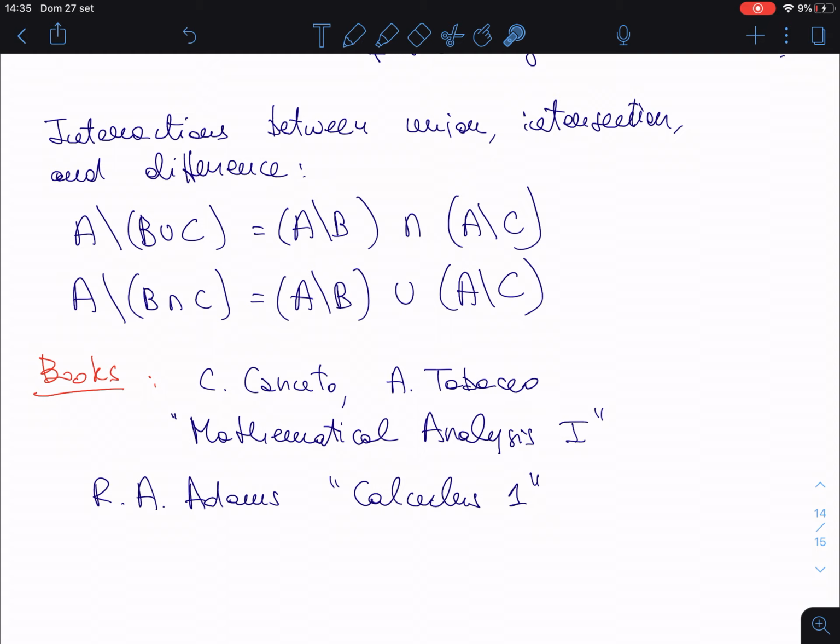Another book of calculus is the book by James Stewart, not the actor, but the mathematician James Stewart. And again, it is Calculus 1. I say Calculus 1, that can be differential and integral calculus, something like that.